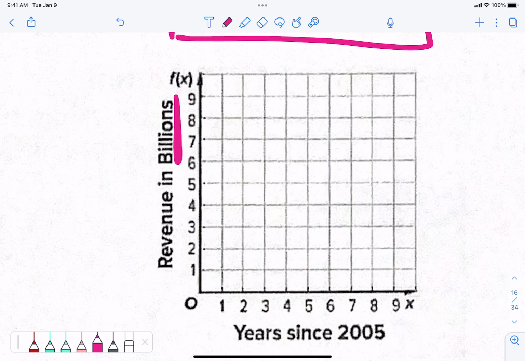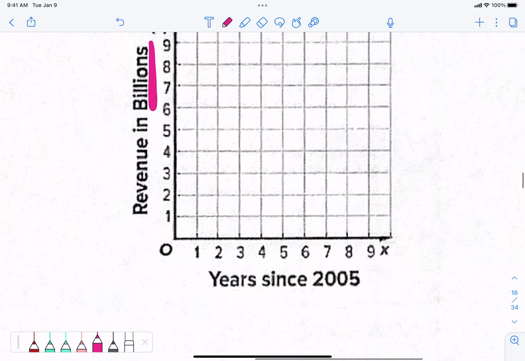Now does revenue mean profit? Are those the same thing? No. Profit is how much you gain after taxes and after your costs, like the cost it takes to produce the movie or the cost we have to buy the movie for. So revenue is not the same thing as profit, but it's what money is coming in.